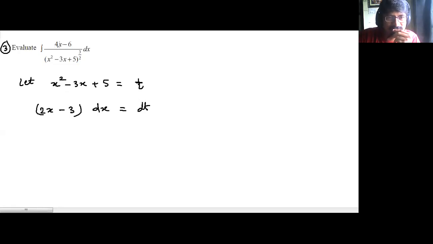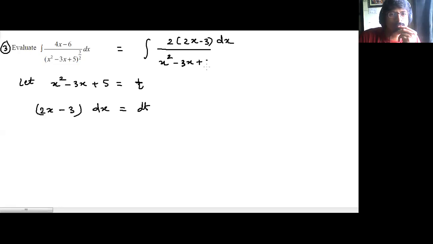But yes, if we take the 2 common out from the numerator, it will become integration of 2. Now could you see 2x minus 3 dx in the numerator? Isn't it 2x minus 3 dx? Whole thing upon x square minus 3x plus 5 raised to power 3 by 2.